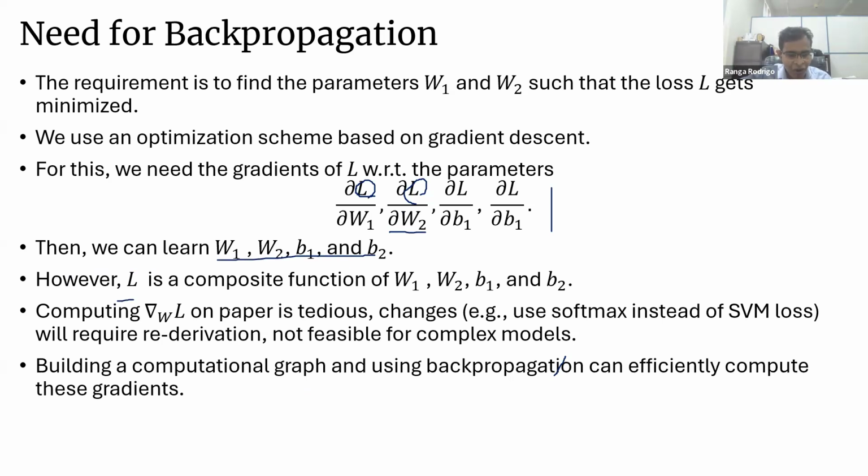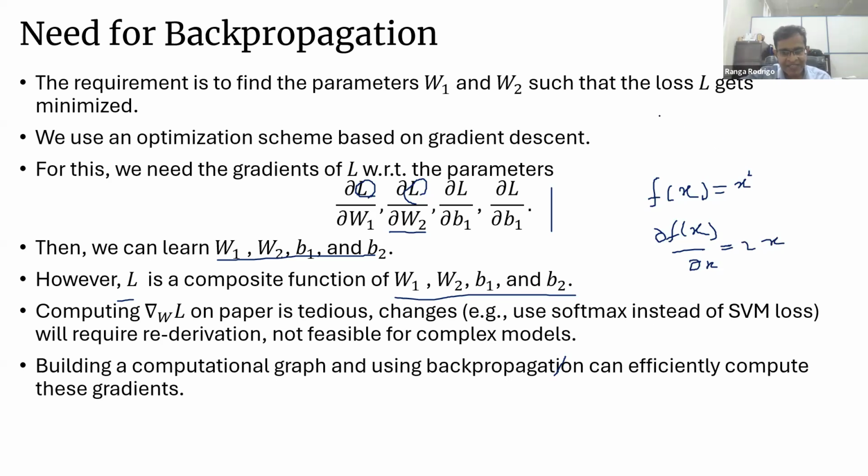However, L is a composite function of W1, W2, b1, and b2. So for example, if you take f(x) equals x squared, that's not a composite function as such. You know that the derivative of f(x) with respect to x, I don't even have to write partial here because it's just a single variable, is just 2x.